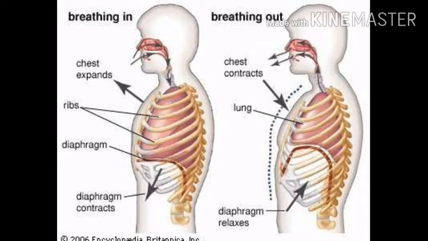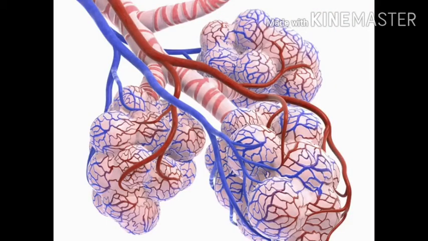The point to concentrate on is that from all parts of the human body, deoxygenated blood comes first into the heart. The heart sends this impure blood, the deoxygenated or venous blood, to the lungs for purification.